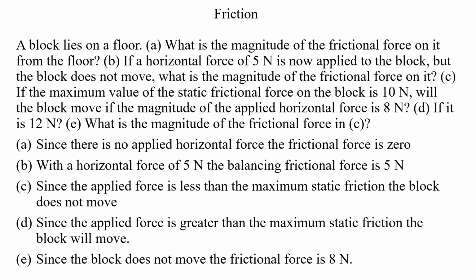And finally, the last question says, what is the magnitude of the frictional force in part C? Well, in part C, since I'm pushing with 8 newtons, and the block is not moving since we haven't reached the maximum static friction yet, the static friction will be equal to what I push, and so it will be 8 newtons.